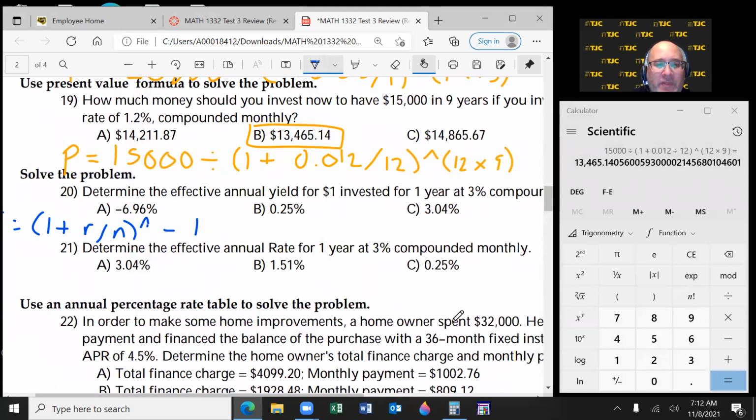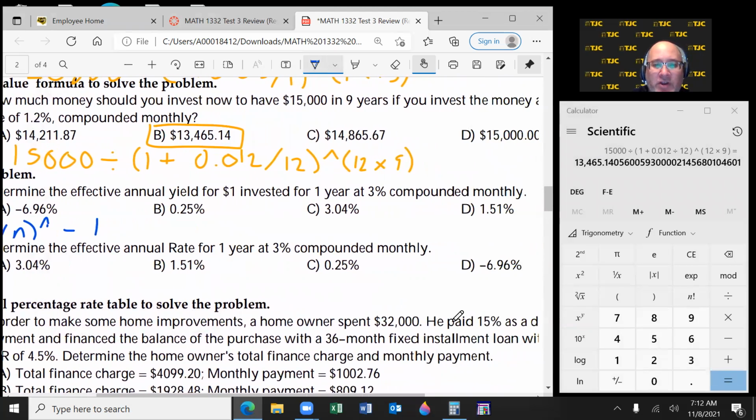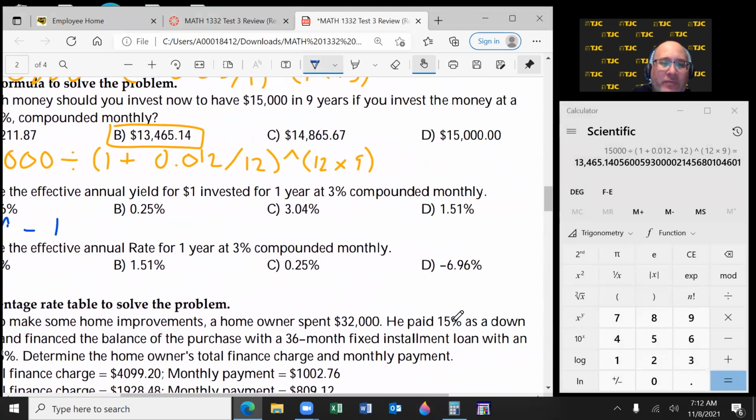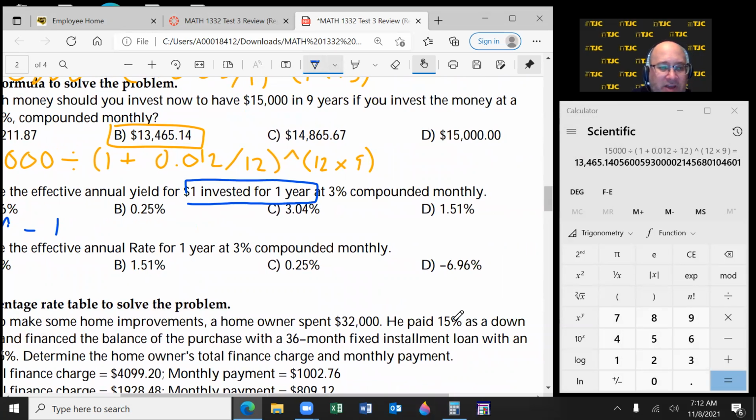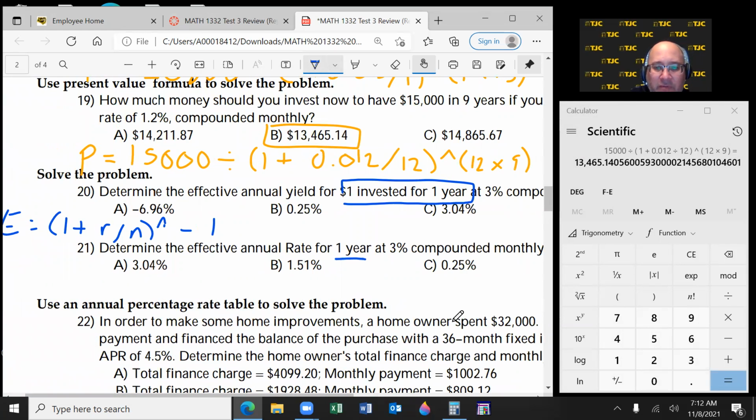For number 20, the effective annual interest for $1 invested for, okay. This is kind of silly, as it is here, because the whole thing about effective annual yield or effective interest rate is that you're pretending the principal is $1 and the time is 1 year.